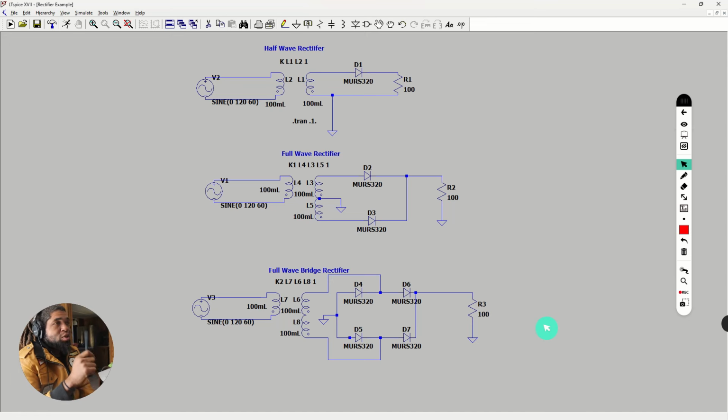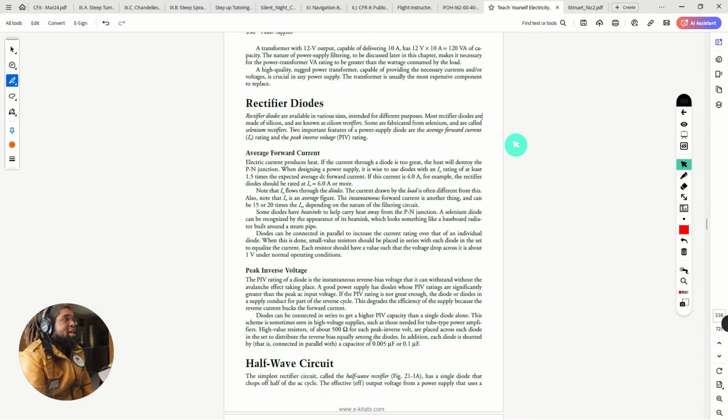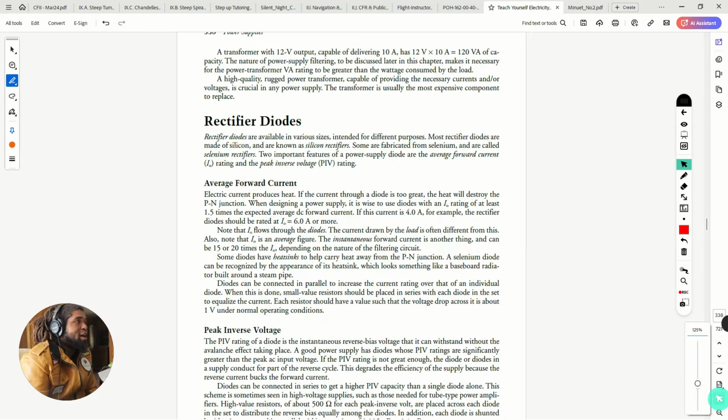These are going to be your three most common, and we're going to go through why they exist, when you would use them, and how they work. Okay, so before we get there though, let's have a little chat with Stan and see what he says about diode rectifiers.